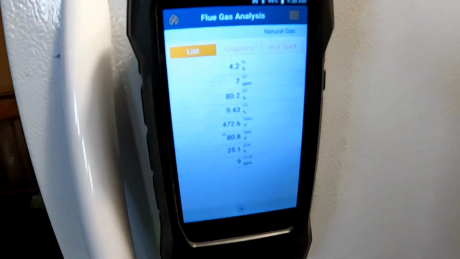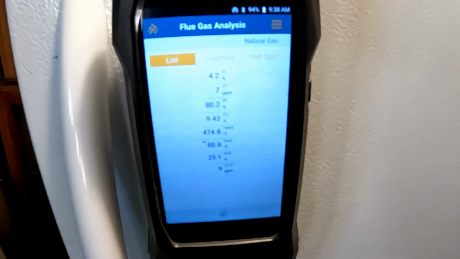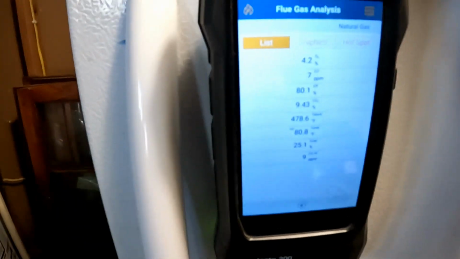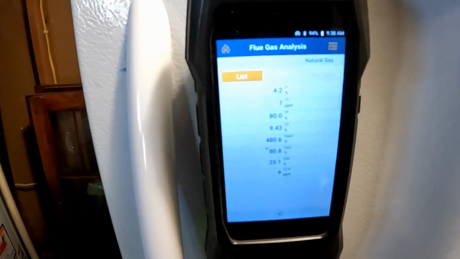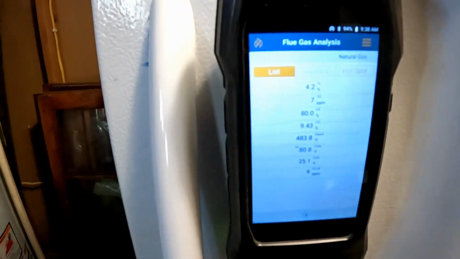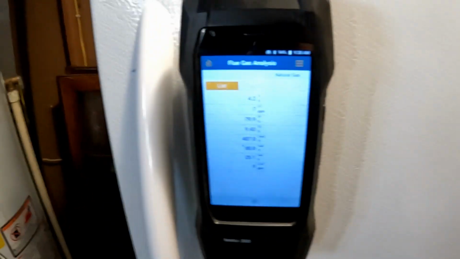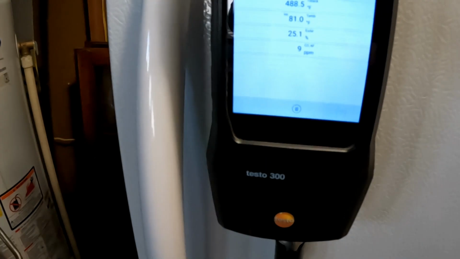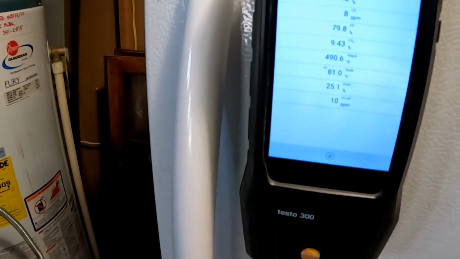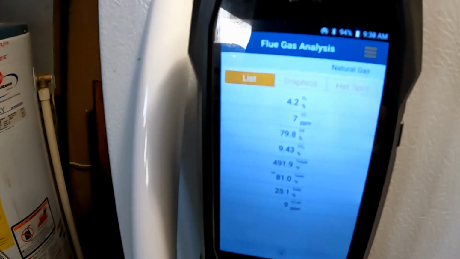When this first came on, the parts per million of carbon monoxide were up over 1,300. And instead of dropping right away, they were stabilizing between 200 to 300 parts, and then slowly worked their way down. Now, I'll get back to this. You can see there's a low draft here.